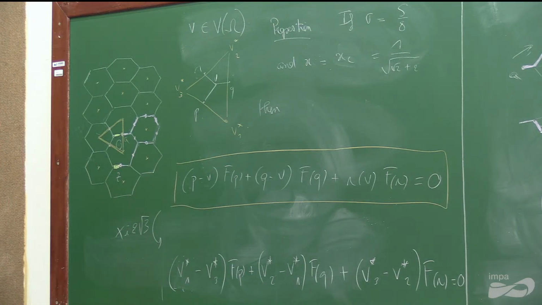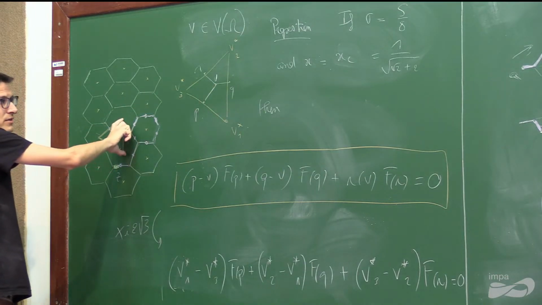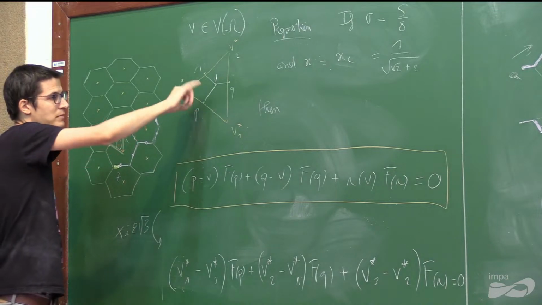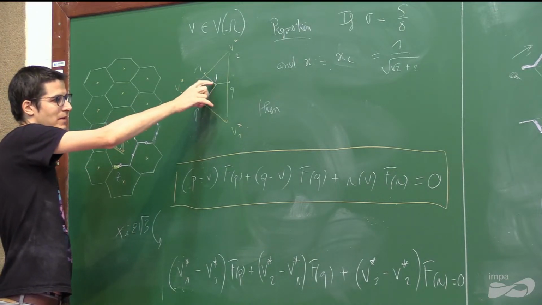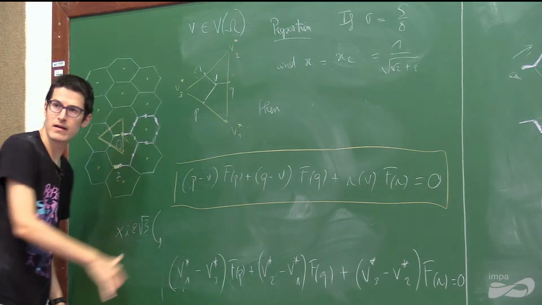Let's see. Yeah, I think this is exactly this. So if this has length 1/2, and this thing has length square root of 3, I'm just multiplying the length by 2 times square root of 3, and I'm just multiplying the argument by I.